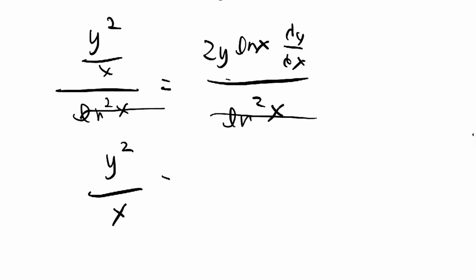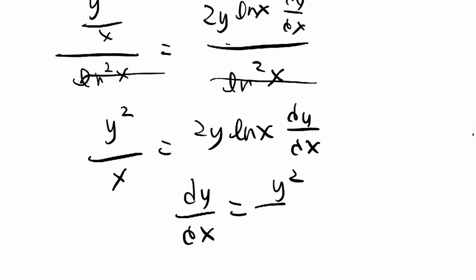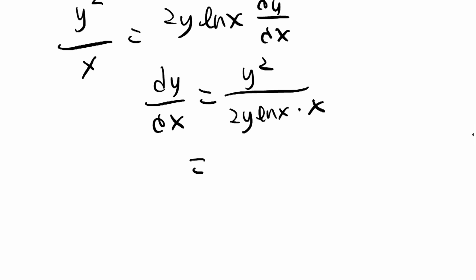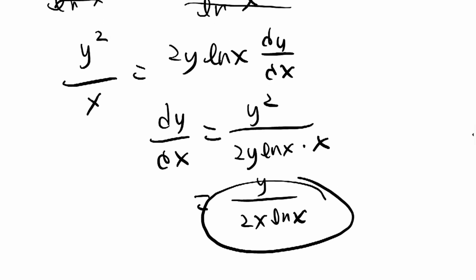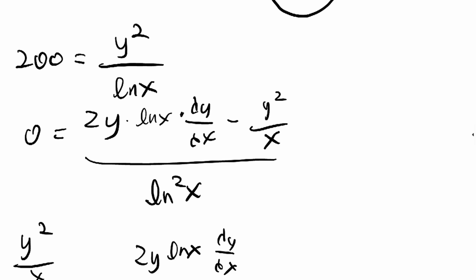So y squared over x is 2y ln x dy dx. And from here it's just simple arrangements. It's going to be equal to y squared over 2y ln x times x. And just to simplify this even further, it's going to be y over 2x ln x as our solution. So really easy, right? Just tag on a dy dx.